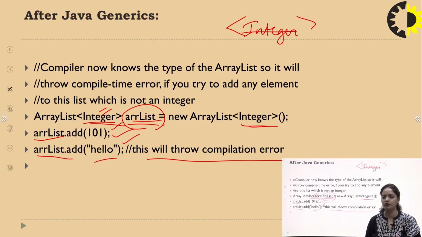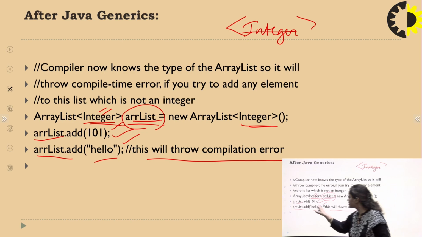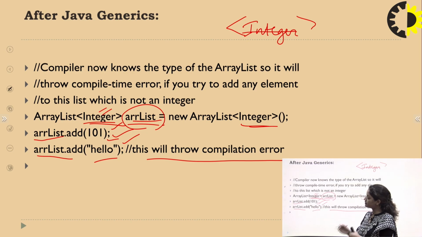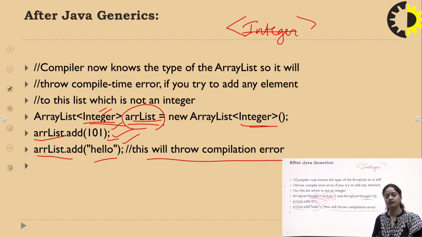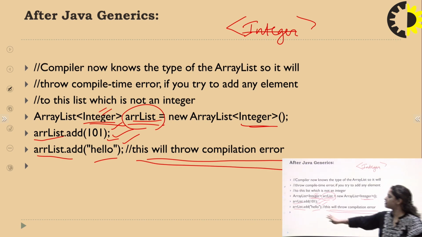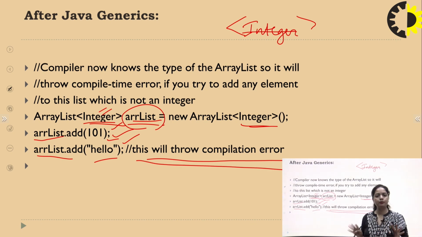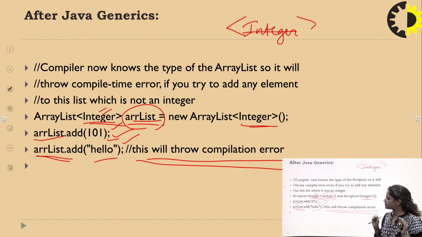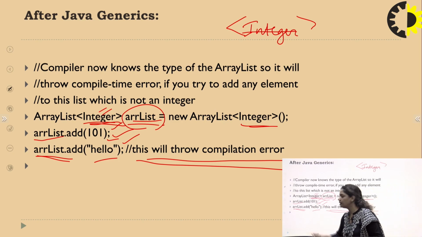After the successful compilation step, the execution will occur. At that time, it will throw an exception that hello is not the appropriate data type which this particular array list object can hold, because we have strictly mentioned that it will hold only integer values.